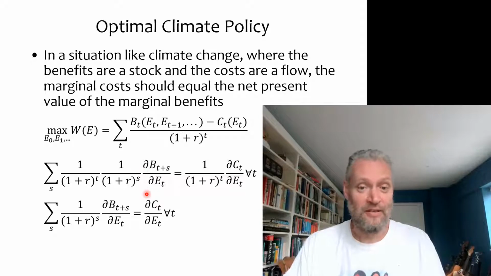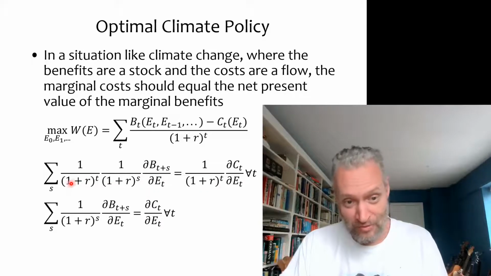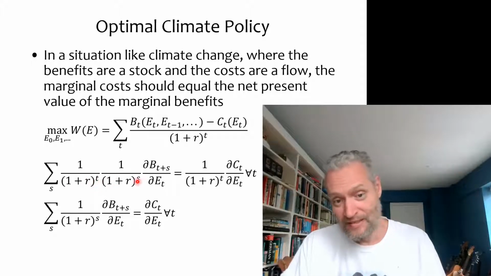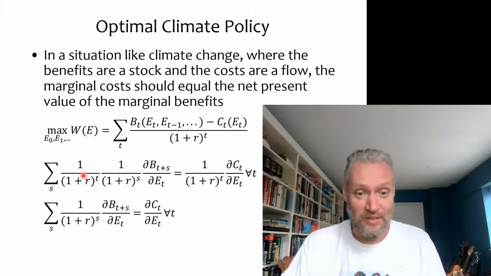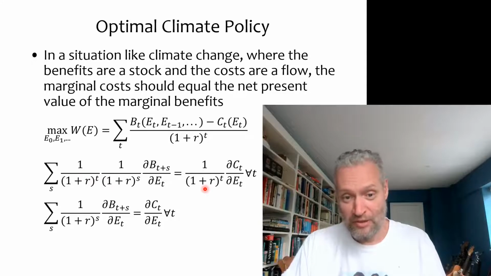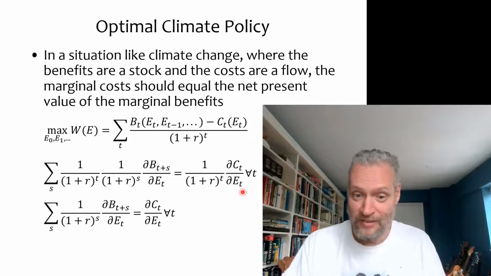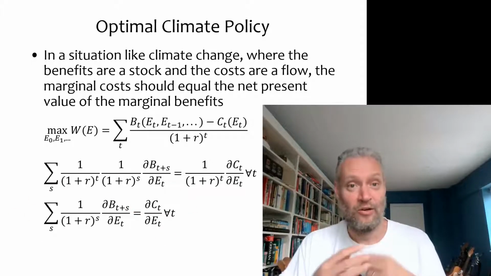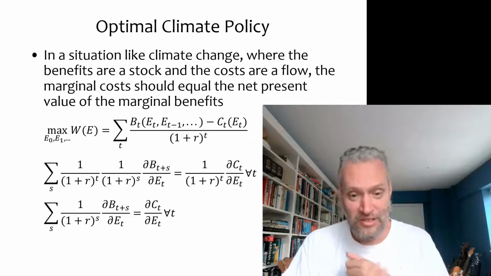That, of course, has to be discounted with the rate 1 over 1 plus r to the power t plus s, and we split that in t and s. Then we have 1 plus r to the power t here, and 1 plus r to the power t there. This is in the summation, but does not depend on s, so that goes in front, and then it drops out. So this is the expression that we have. And this then holds for all periods t.